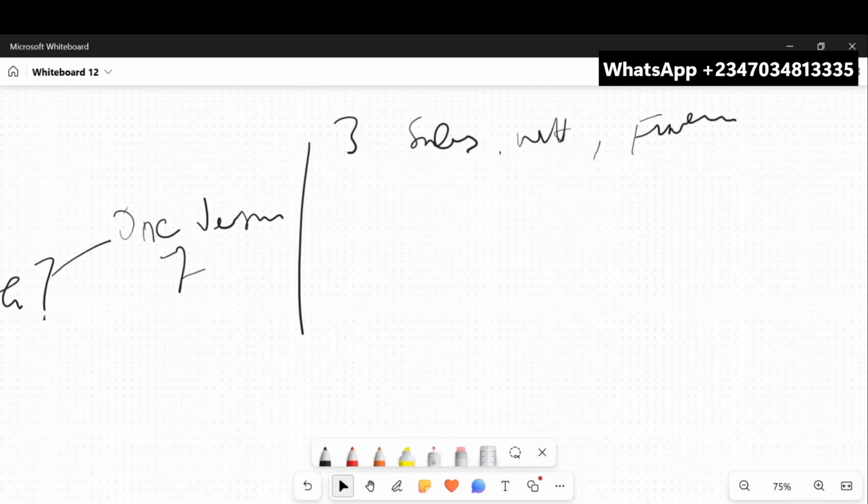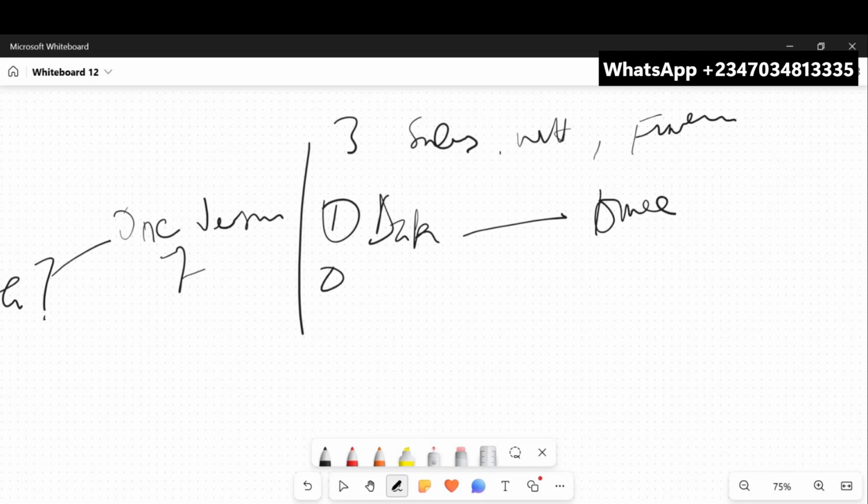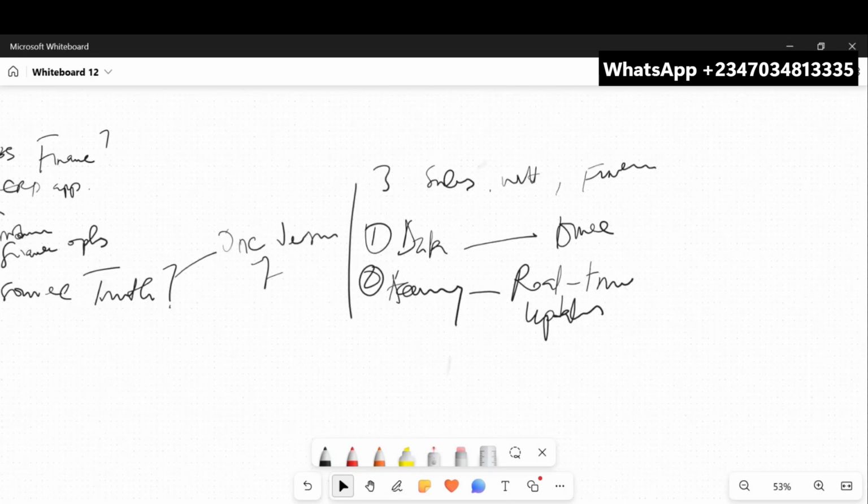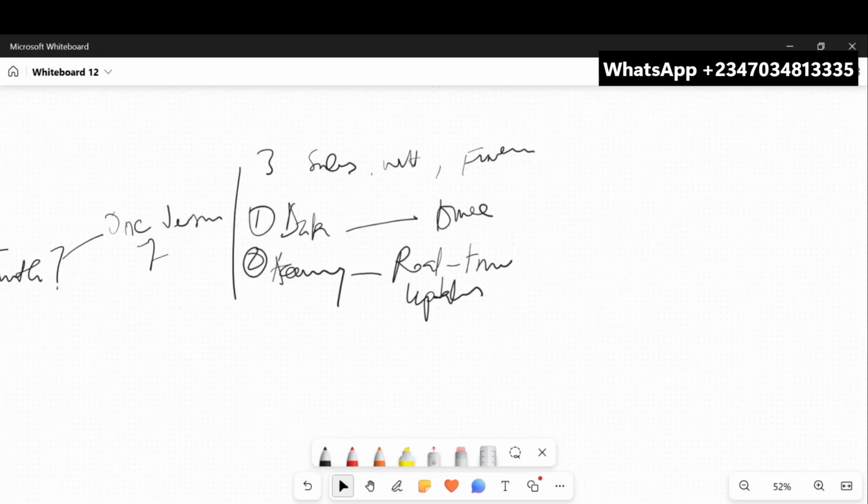Number one, in terms of data, it is entered once in the system. Number two, in terms of accuracy, it's real time. So it updates in real time. Just to explain it: data is entered once, and accuracy is real time update.